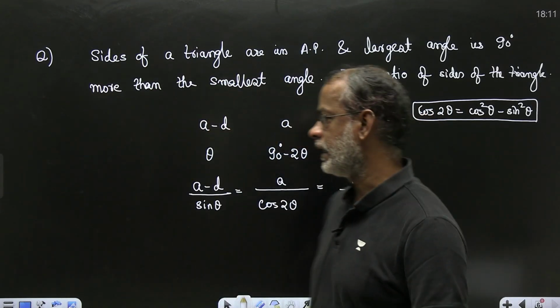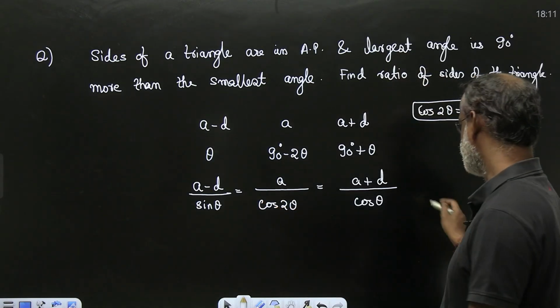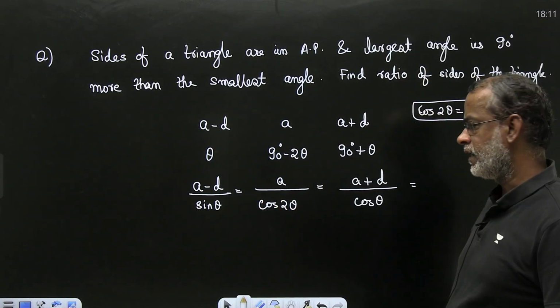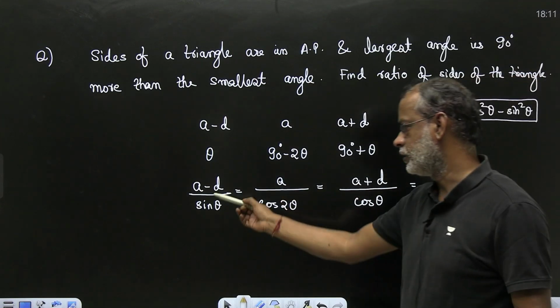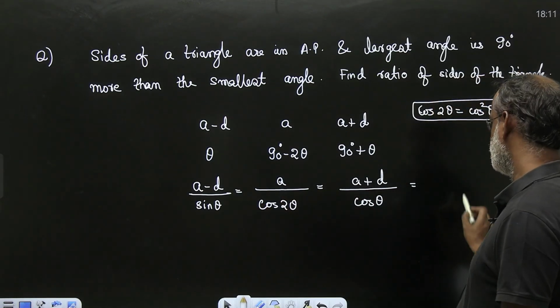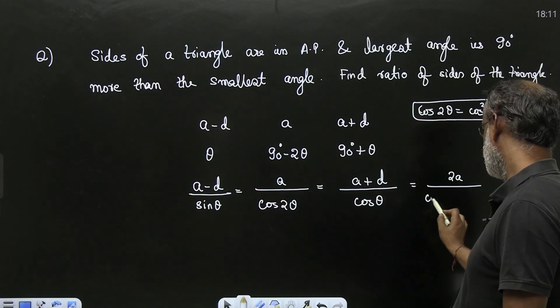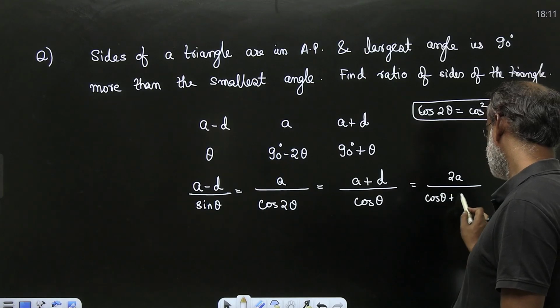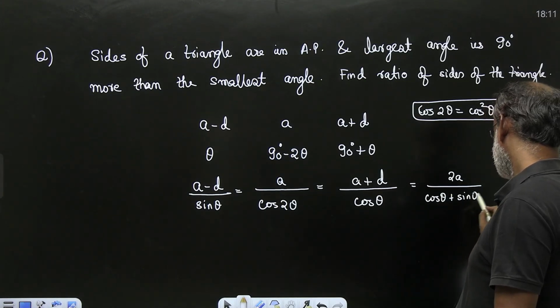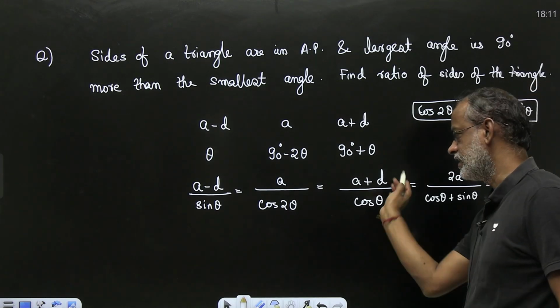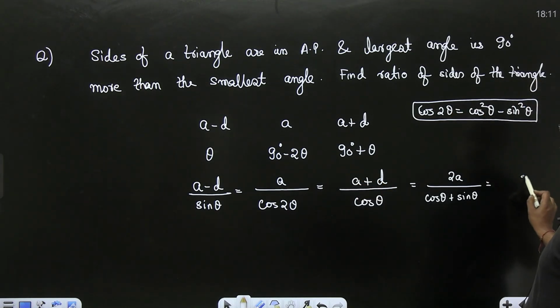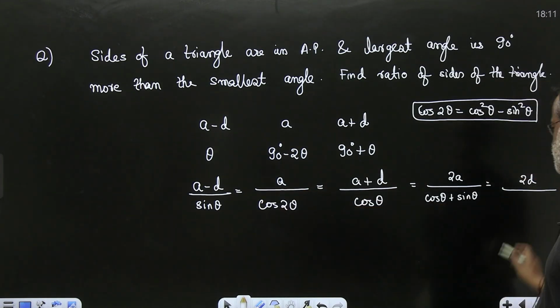So we try to create cos plus sine. So by componendo, we can just add these two. So 2A upon cos theta plus sine theta. We can subtract it, it is 2D upon cos minus sine.